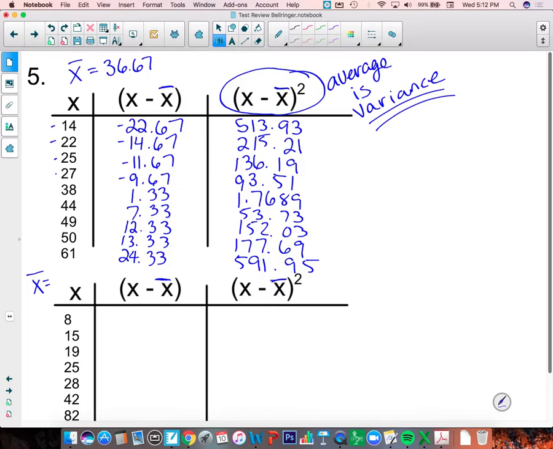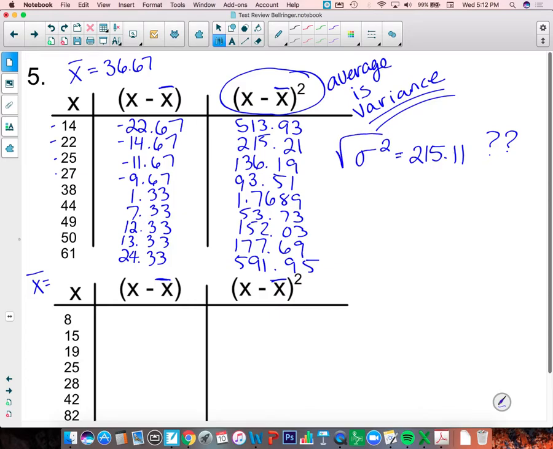So 1,936.01 divided by 9. So my variance, remember that is sigma squared, we talked about yesterday. 215.1, we'll just round to hundredths place again to keep it consistent. And then remember, how did I get from my variance to my standard deviation?